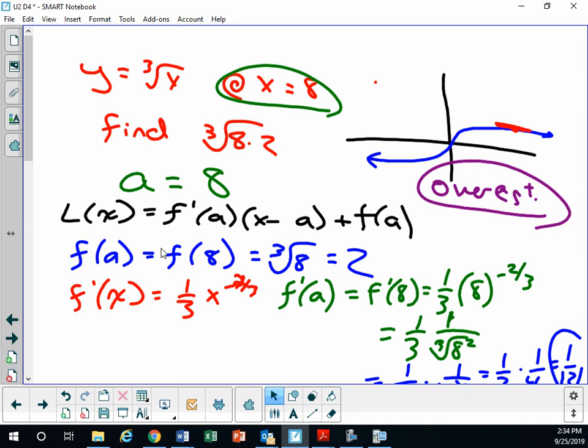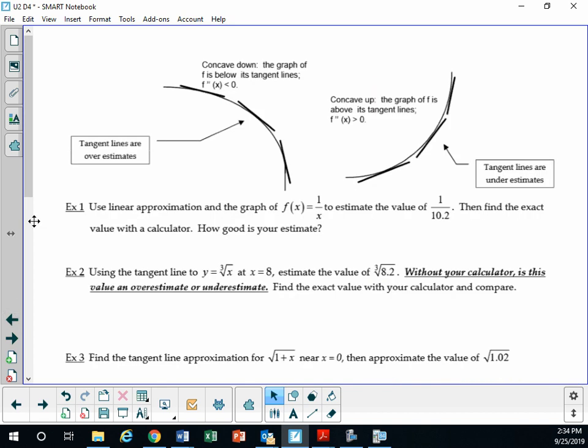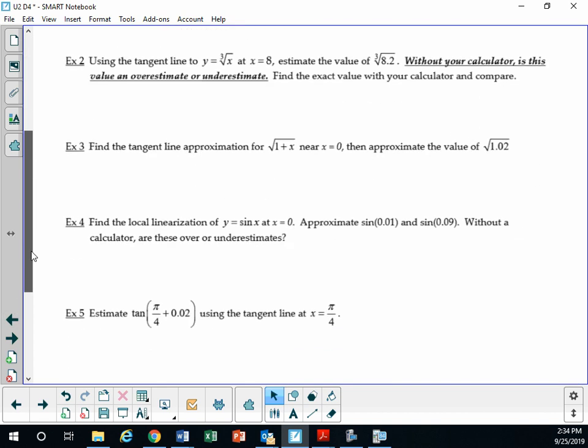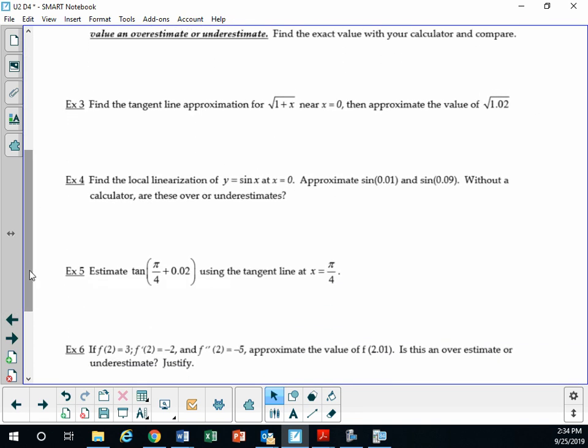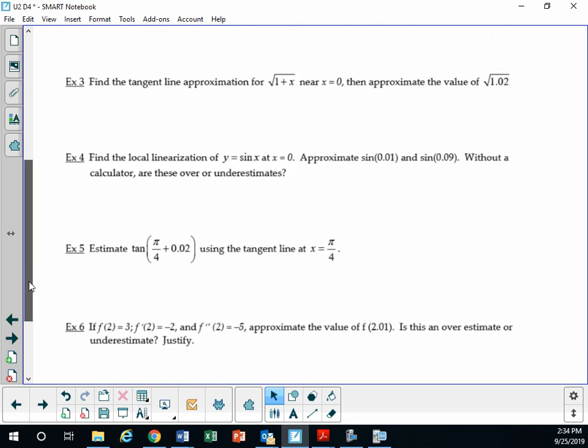Alright, so let's go back to the next problem. Example 3 says, find the approximation. Actually, I'm going to skip that one. I'll do example 4.